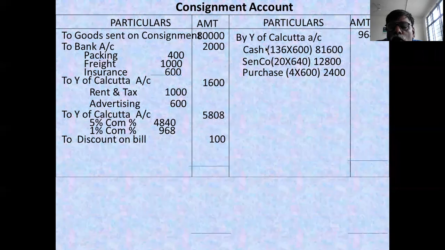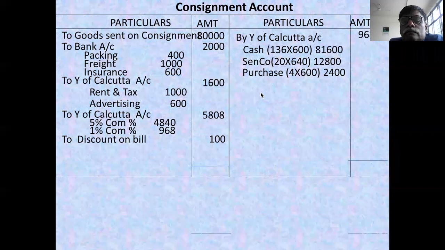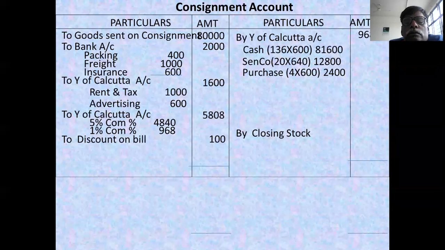Cost of radio is 400 each. 400 into 40 is the cost. 40 radios are there, cost of each is 400. What is the total cost? 400 into 40 is 16,000. 16,000 is the cost, 400 is the expense.